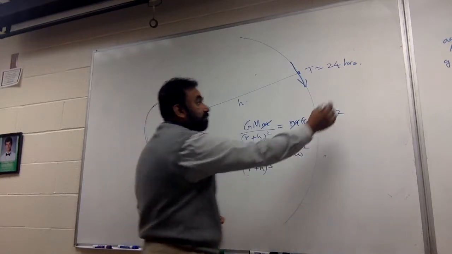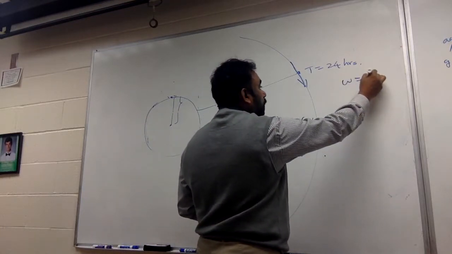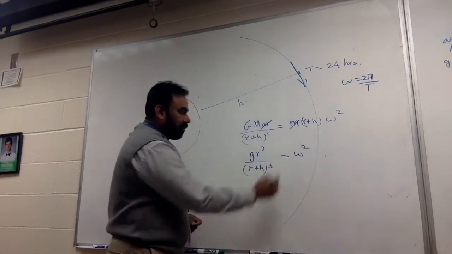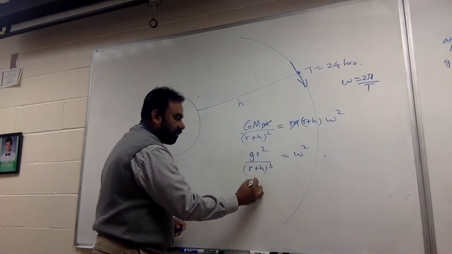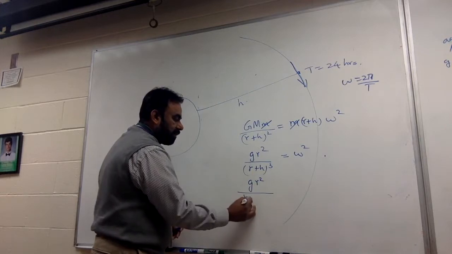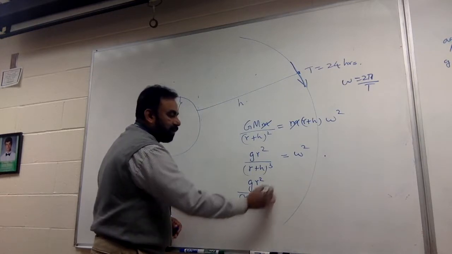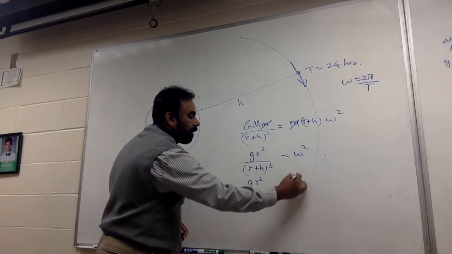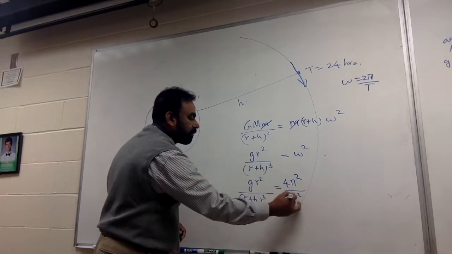And what is omega? 2 pi over T. So it becomes 4 pi squared over T squared.